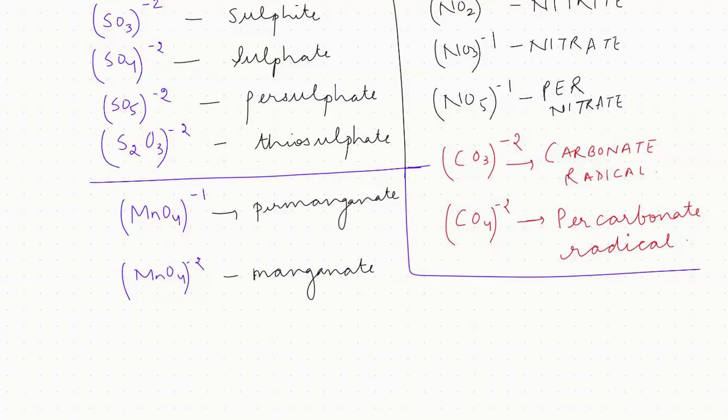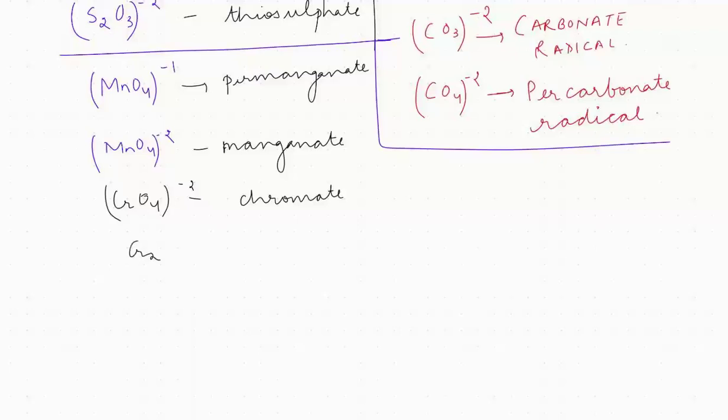Then we would have CrO4 minus 2. That would be called chromate. And if we have Cr2O7 minus 2, this shall be called dichromate.